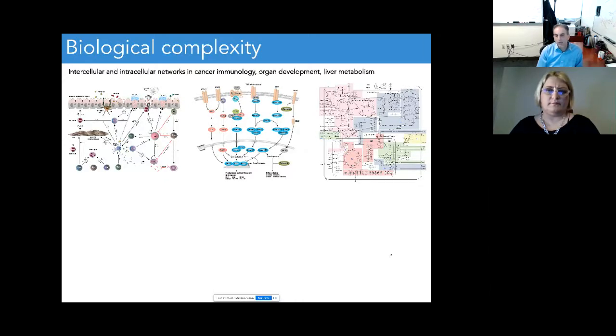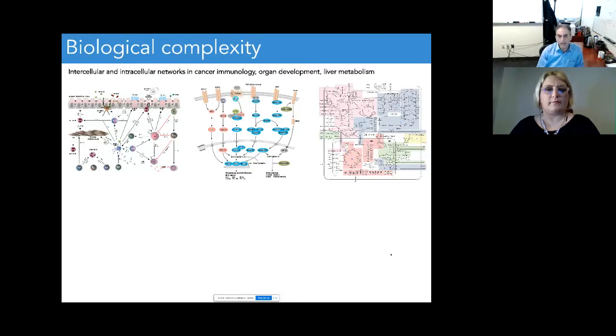Here I'm showing you 3 examples of very complex networks, and I'm obviously not going to go through the details of them. It would take possibly years. But the point is that these are networks in cancer, networks in development of organs, and networks in liver metabolism.